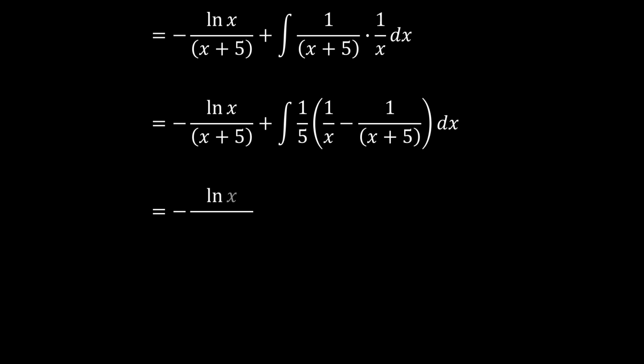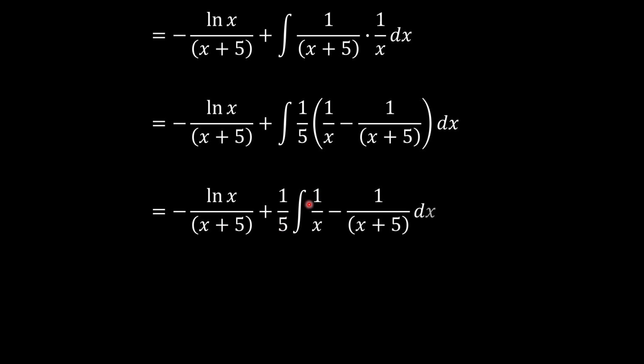And we can pull the fifth out here so that we have the expression negative natural logarithm of x over x plus 5 plus a fifth times the integral of 1 over x minus 1 over x plus 5.